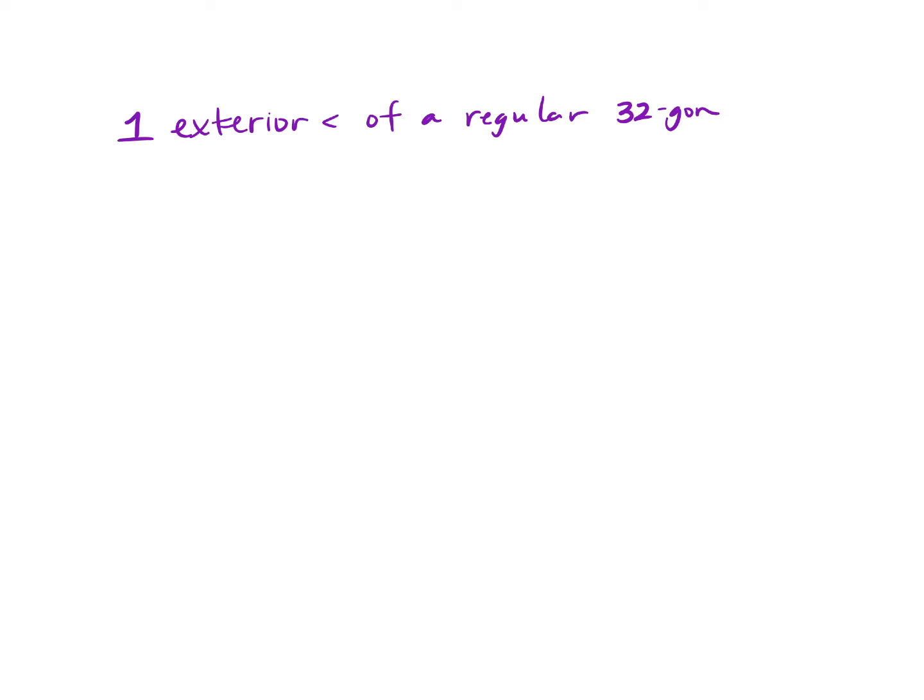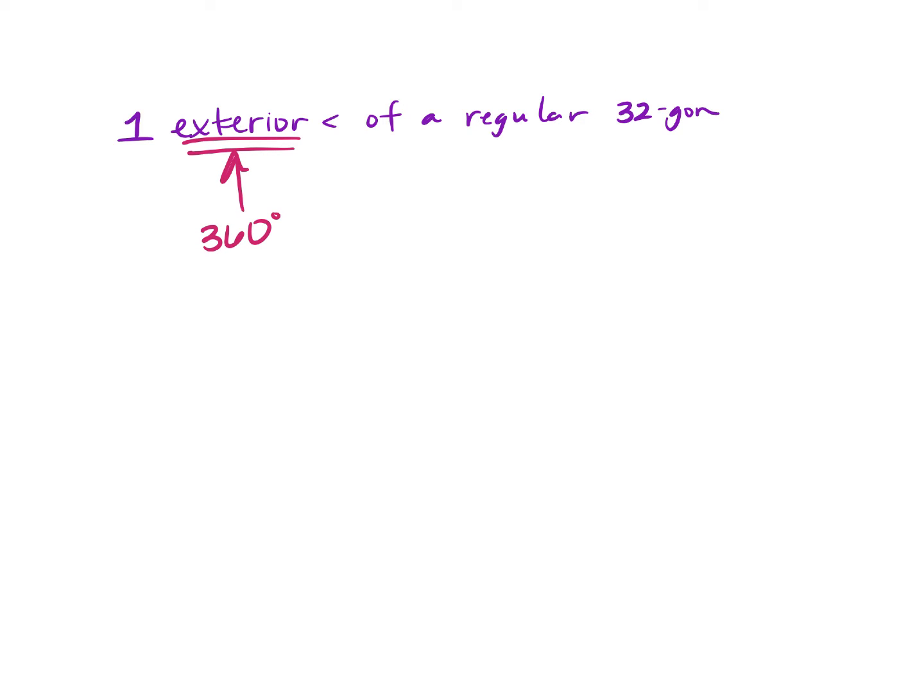The words that matter, right? Exterior. Tell your neighbor, what do you know about the sum of the exterior angles of any polygon? What'd you say? They should add up to 360, right?